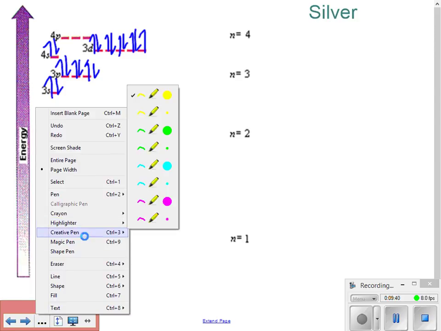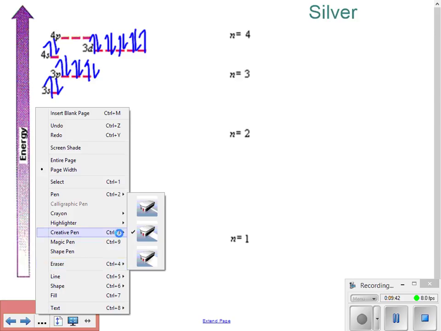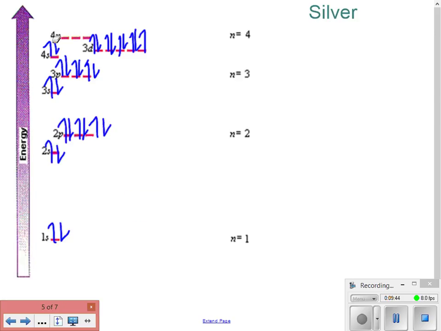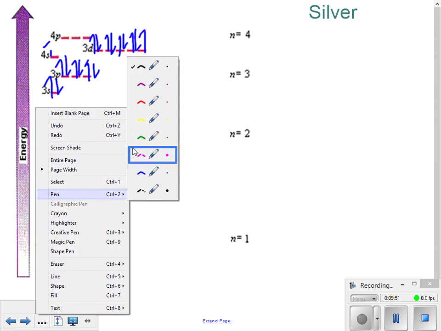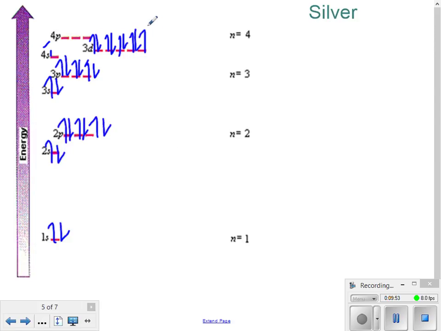So what I'm going to go ahead and do is erase one of these electrons from the 4s orbital, because it's not going to stay in that 4s orbital. It recognizes that we should fill in that 3d orbital. I'm going to fix this electron that I partially erased.